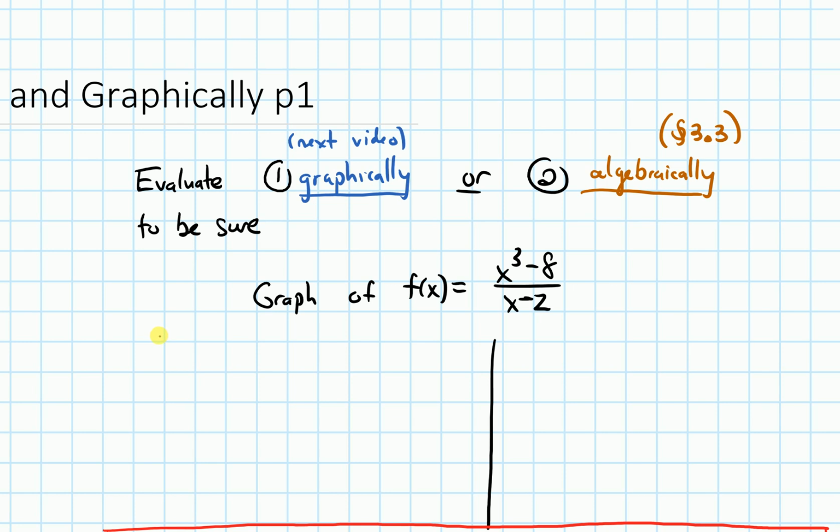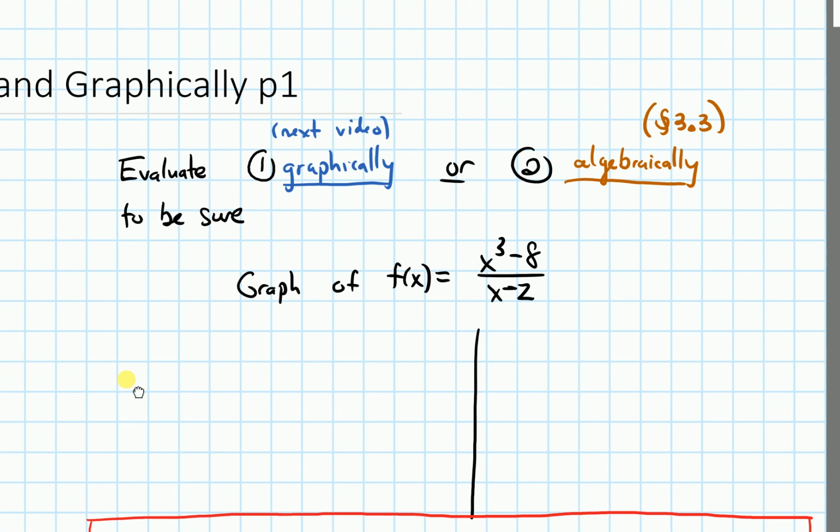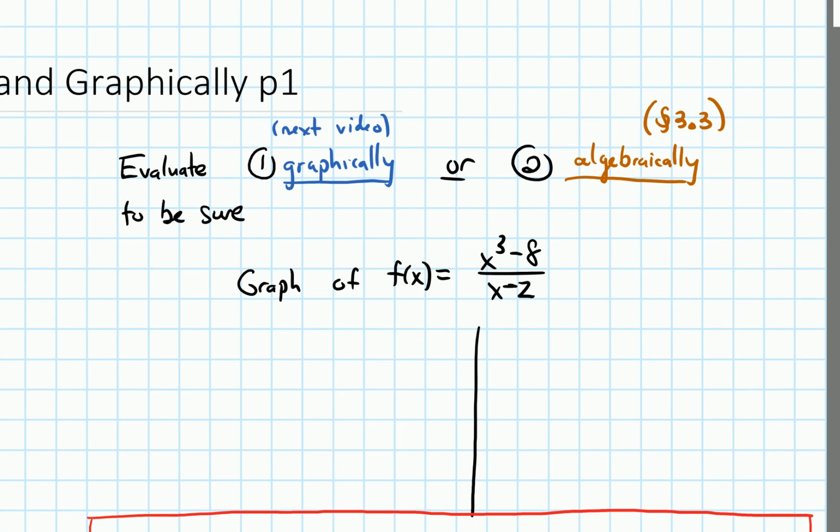Okay, so what I want to do now is graph this function. Let's graph our function to see, well, what is the limit? I'm actually just going to tell you what the graph looks like. I've already drawn in the y-axis here, so let me draw in an x-axis.